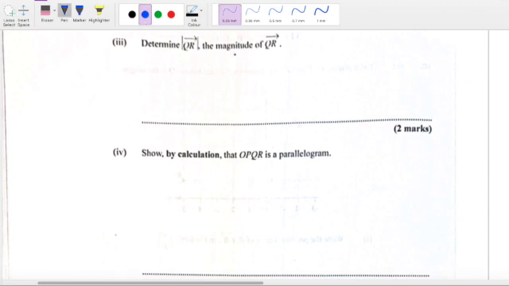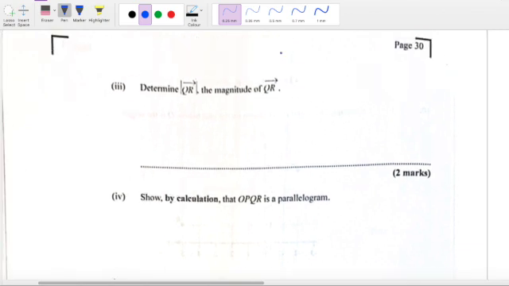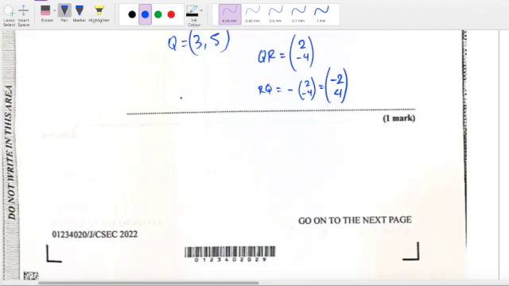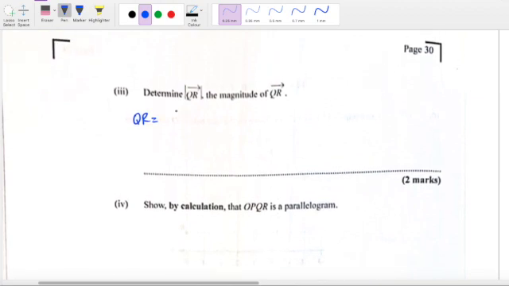Determine the magnitude of QR, yes, the modulus of QR. So first of all, QR is 2, -4. I haven't seen them ask for this magnitude thing in a while. So the modulus or magnitude of QR is the Pythagoras theorem of QR: 2 squared plus -4 squared, and the square root of that. It is -4, so it wouldn't really matter because it is squared.